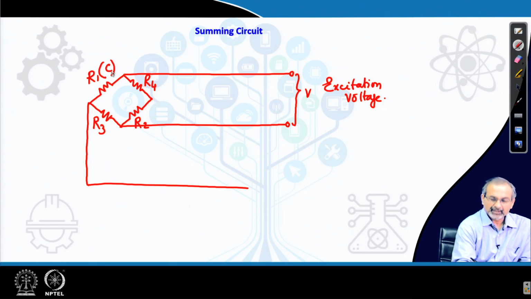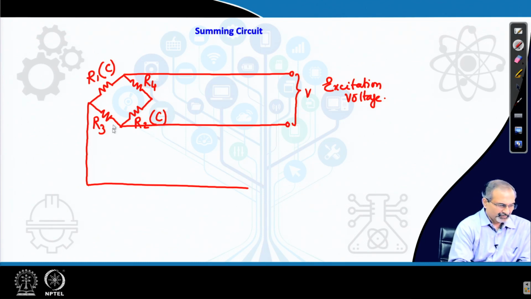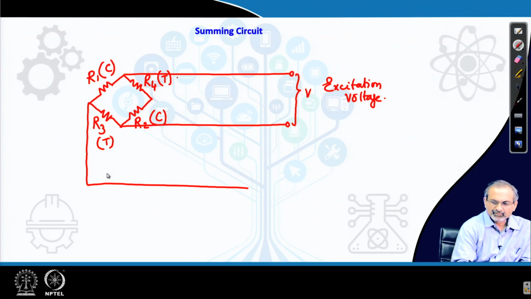Take note that the R1 resistor, which is one of the strain gauges in the Wheatstone bridge, is under compression, so is R2 and they are opposite to each other. R3 is in tension, so is R4. This forms the pattern in a summing circuit.